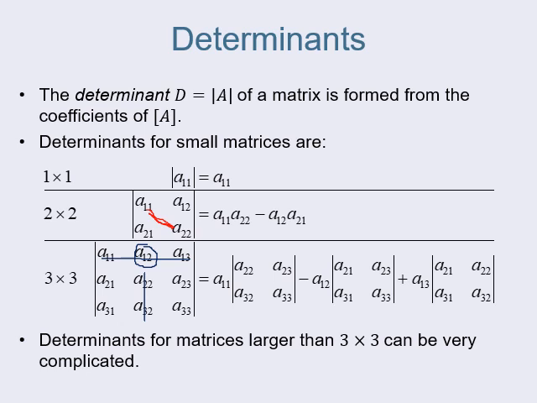Then plus, you select the third element, get rid of its row and column, and whatever is remaining, A21, A22, A31, A32, you take the determinant of this. The signs are plus, then negative, plus. If you have a 4 by 4, then that will be negative, and so on. The determinant for matrices larger than 3 by 3 can be very complicated.